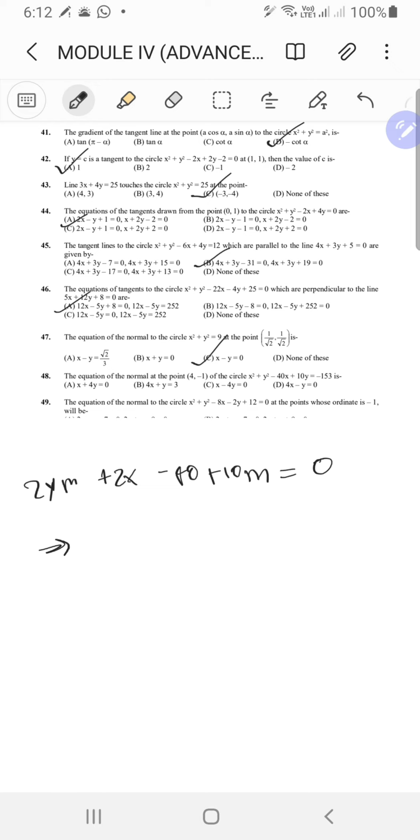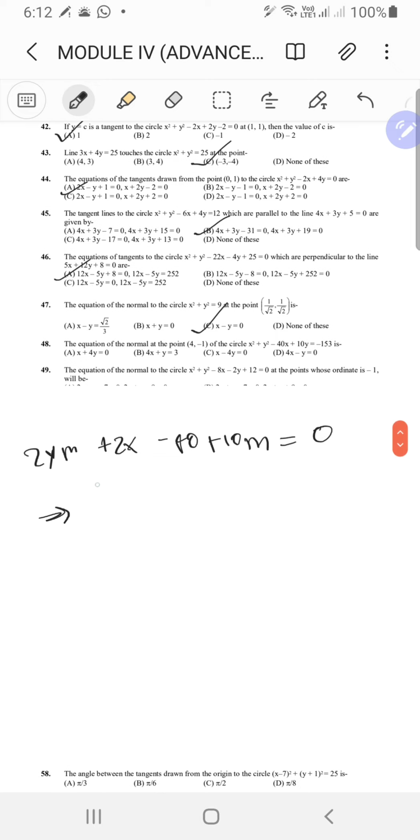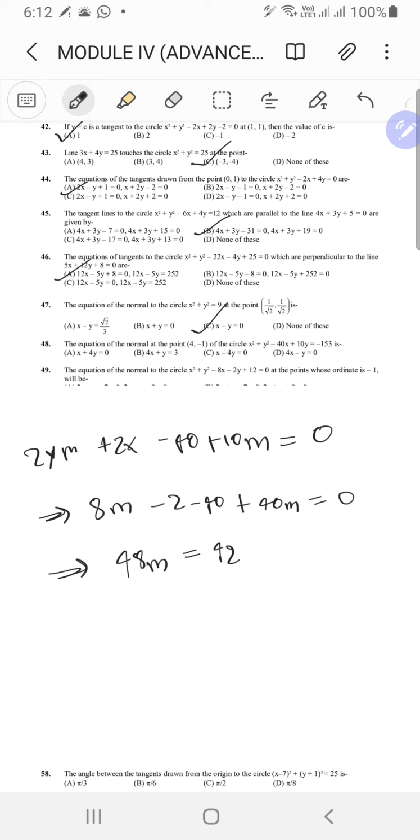Which means, okay, now let's just put 4 comma minus 1 into that, so it should be 8m minus 2 minus 40 plus 40m equal to 0, which means 48m equal to 42. Okay, fine, which means 8m equal to 7, which means m equal to 7 by 8. Okay, so this slope is the slope of the tangent, so slope of normal is minus 8 by 7.